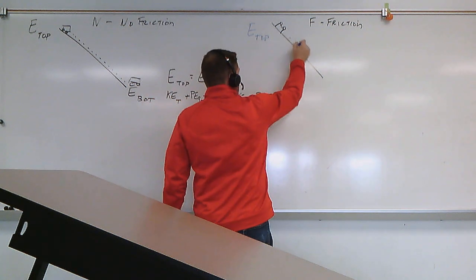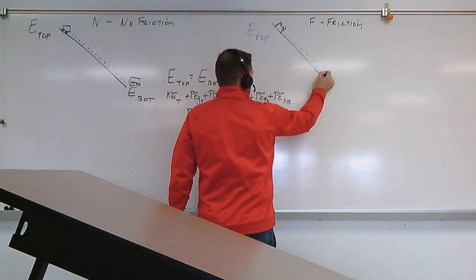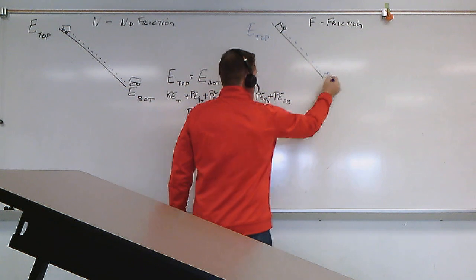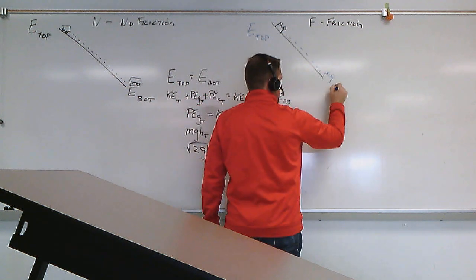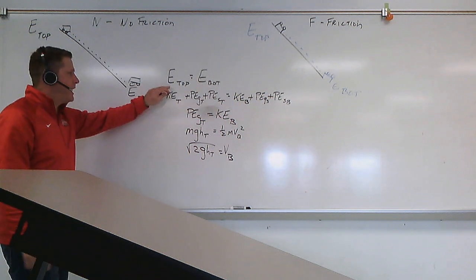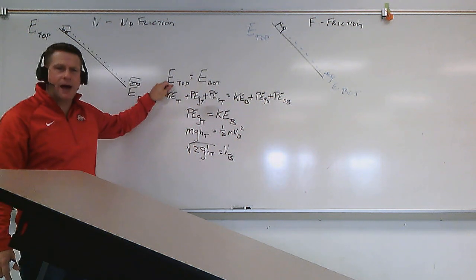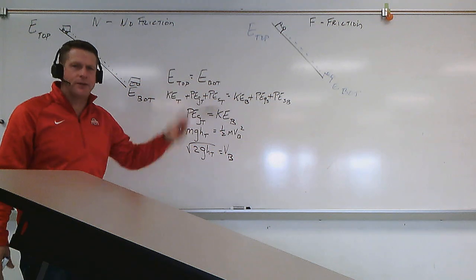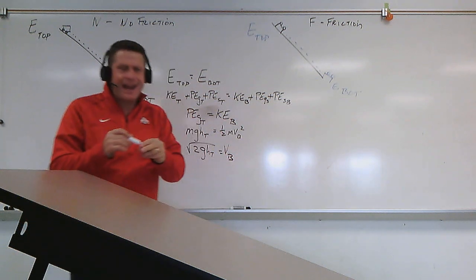We still have energy up here at the top, and the cart does still make it down here to the bottom. Its wheels are on top. But we can no longer say that the energy at the top is equal to the energy at the bottom. Why can't we?